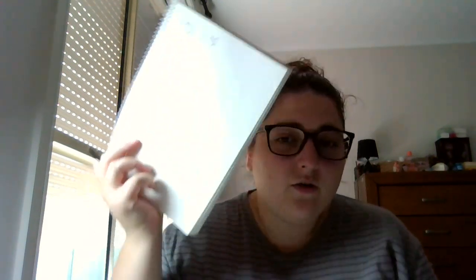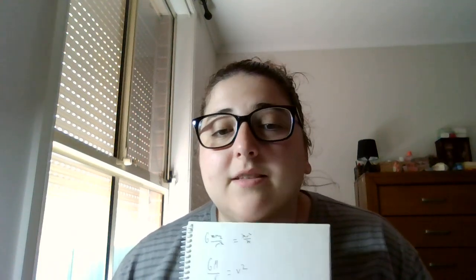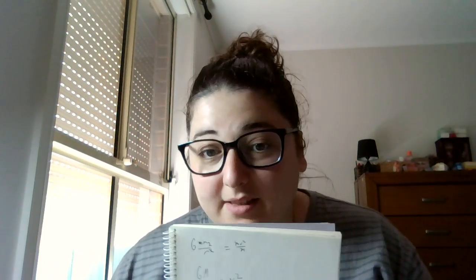When you use this formula, be mindful that the mass is not the mass of the satellite. It is the mass of the thing being orbited by the satellite. That is important.